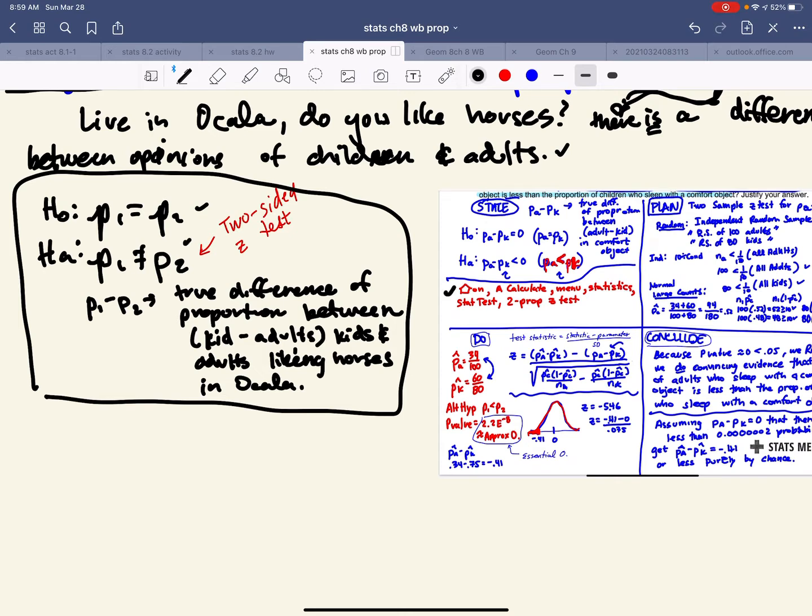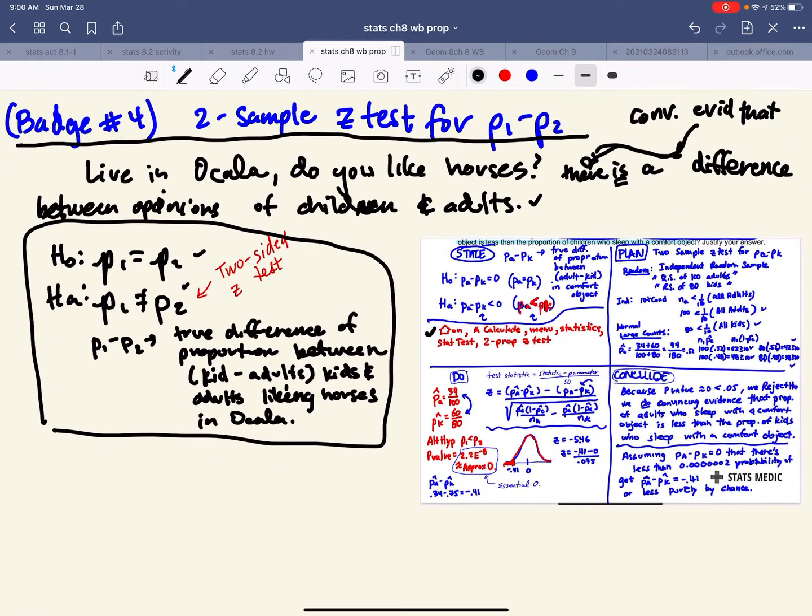Now it looks like I can type some things in the calculator and get a feel for what my outcomes are going to be. So I'm going to follow those steps. Turn my calculator on. Hit calculate. Hit menu. Stats. Stat test. 2 proportion z-test, because I have 2 proportions. If I look back up in my fact scenario, they have to tell me what happened after you asked people.